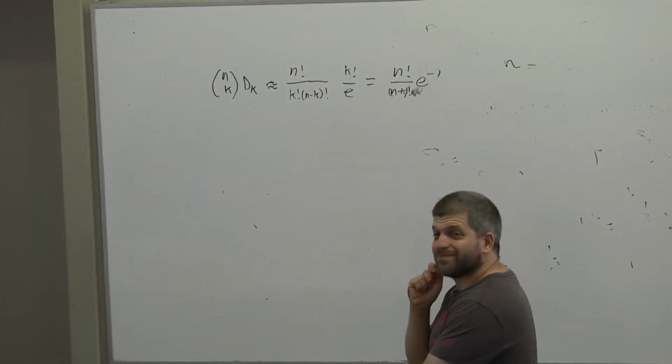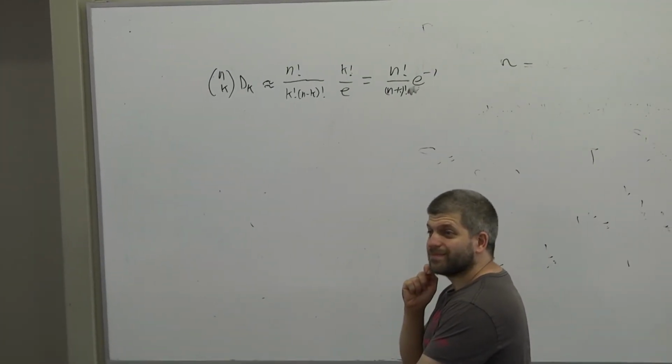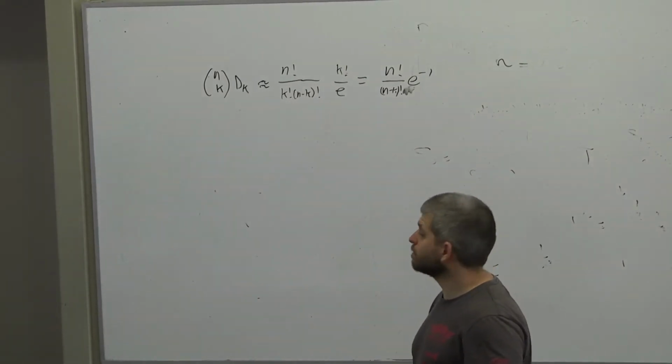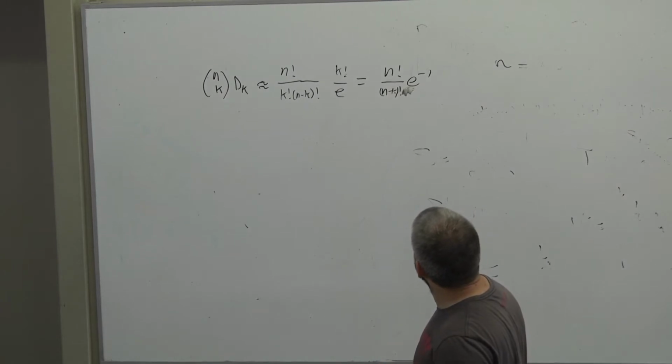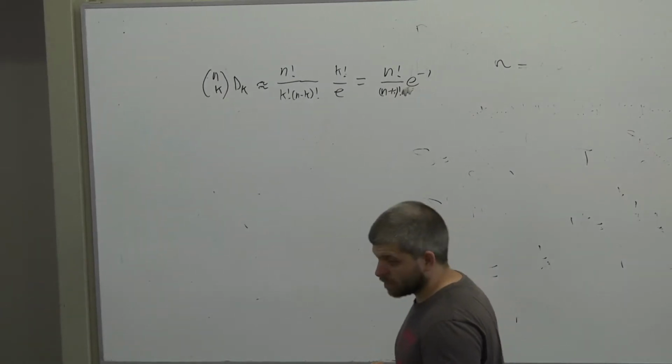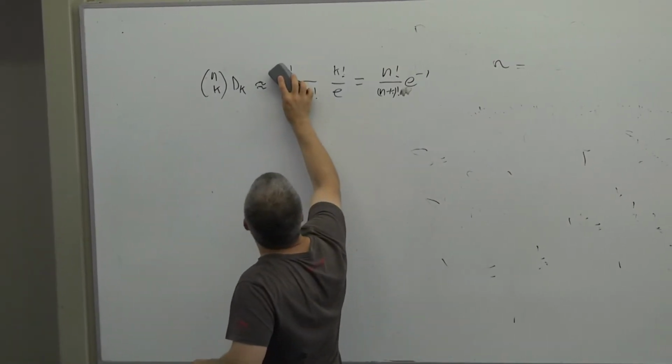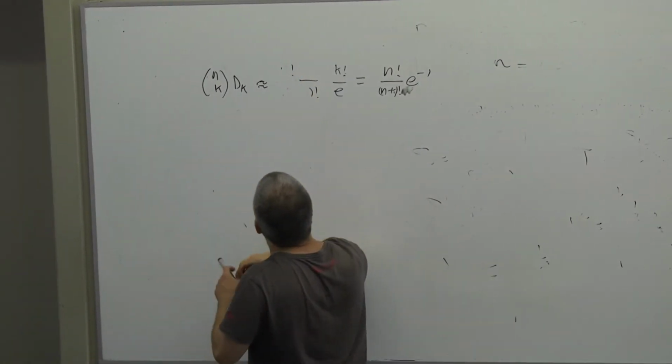What are those guys? And there shouldn't be a d in n minus k. Yes, that's it.